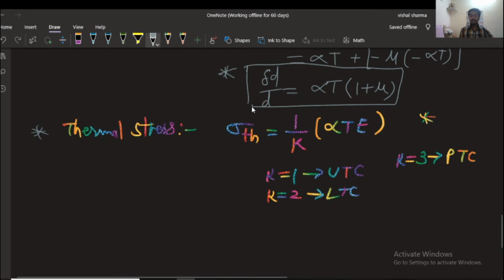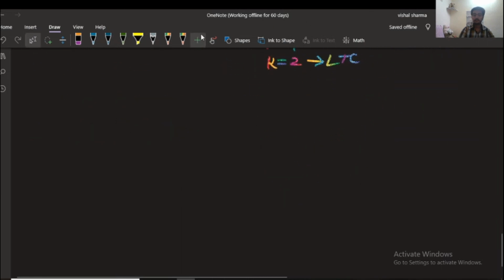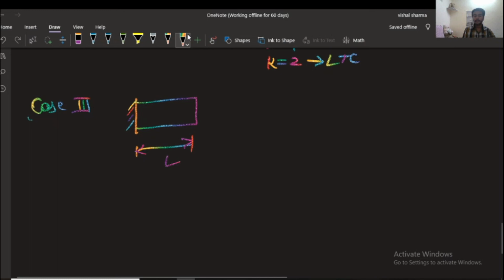Now moving to the next case, case number 3, when there is a partially restricted expansion in one direction. There is a beam of length L, and the material has Young's modulus of elasticity E and the thermal coefficient of expansion alpha, and there is some gap in one direction.